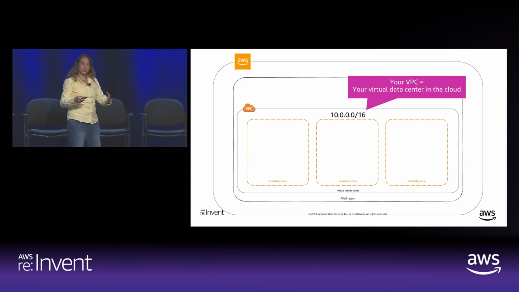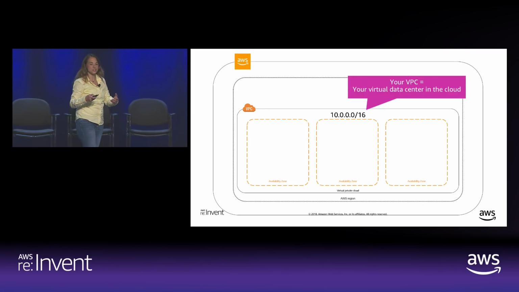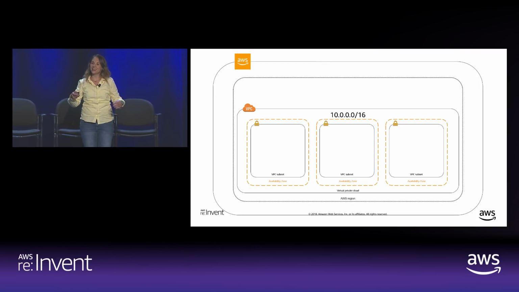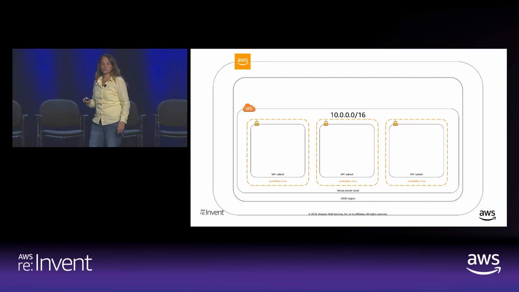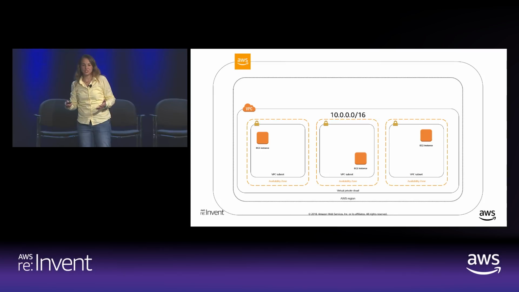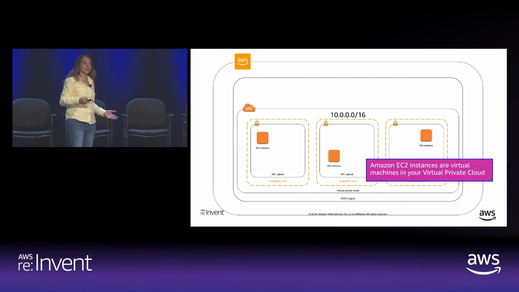And of course, if you're going to deploy infrastructure, each resource needs to go in a particular availability zone. The subnets, the subnetworks, are how you subdivide your network so you can be specific about which availability zones your resources go into. So now that we have all of that, we can have some resources. We can have, for example, EC2 instances, virtual machines in the cloud.